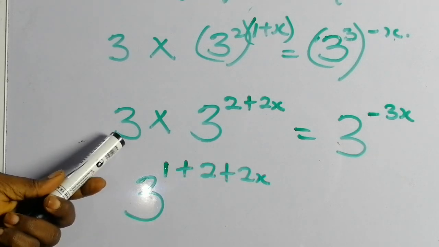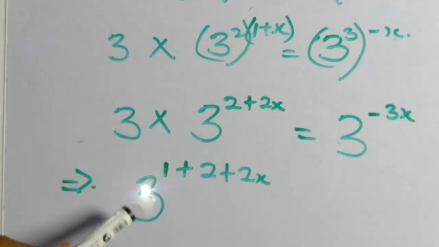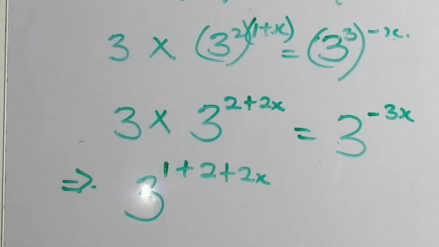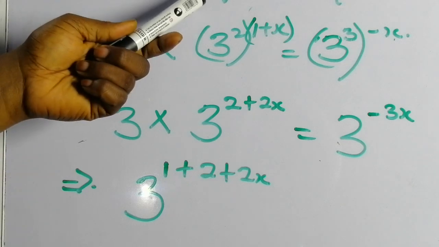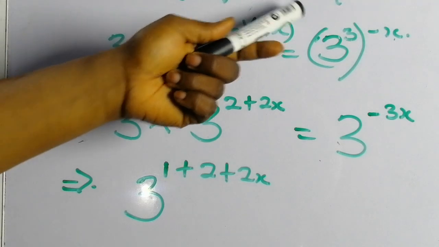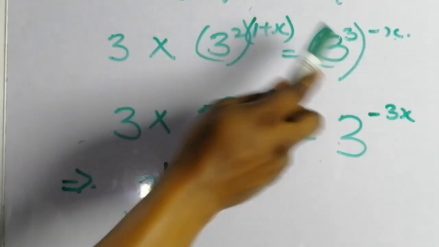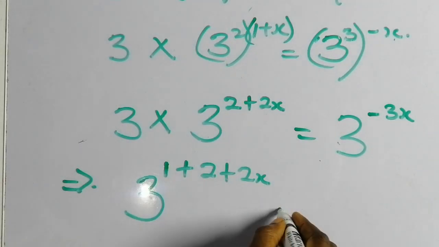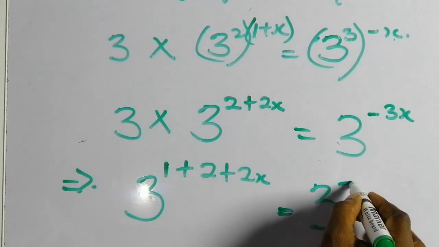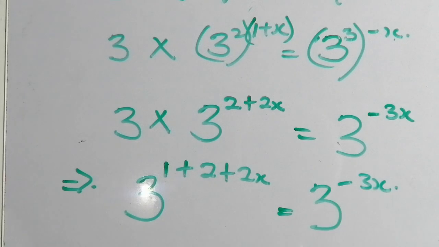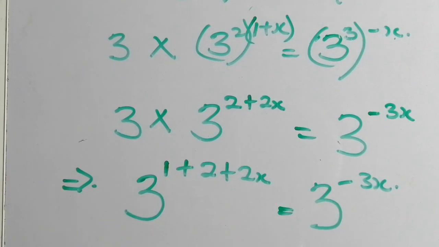Pick one base, which is 3, because they are the same. If they are not the same, you can't do that. But since they are the same, because we've been able to factor it out from 9 and 27, 3 times 3 gives you 9, 9 times 3 is 27. That is why we raise this one to 3 raised to power 3. So from here you have 3 raised to power minus 3x. It's not hard at all.